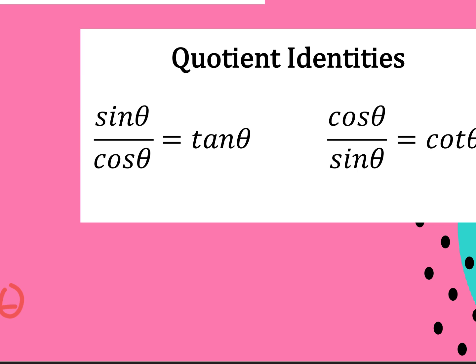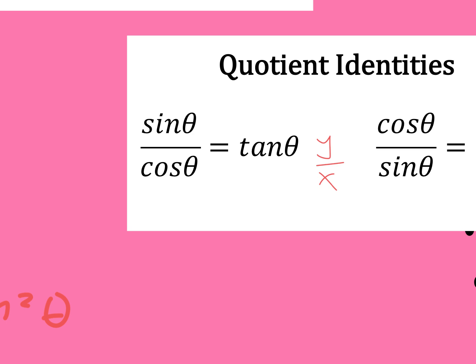What is tangent? What's our ratio for tangent? Opposite over adjacent. Okay. What are we, if we use x, y, and r, what is it? Y over x. What is sine? It's y over r. What's cosine? X over r. This is y over r.